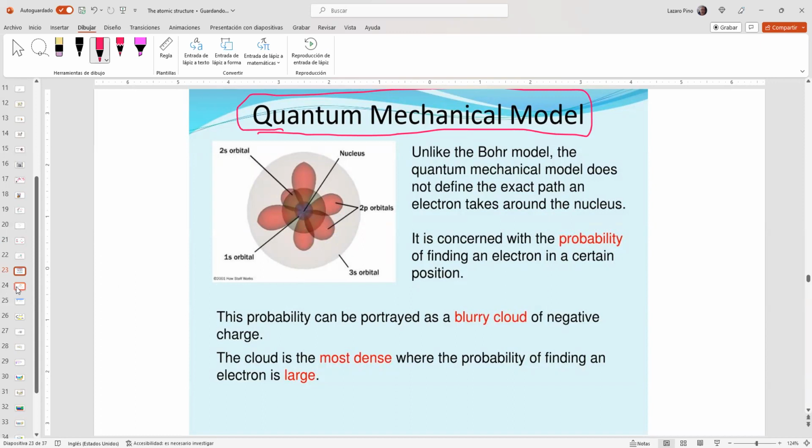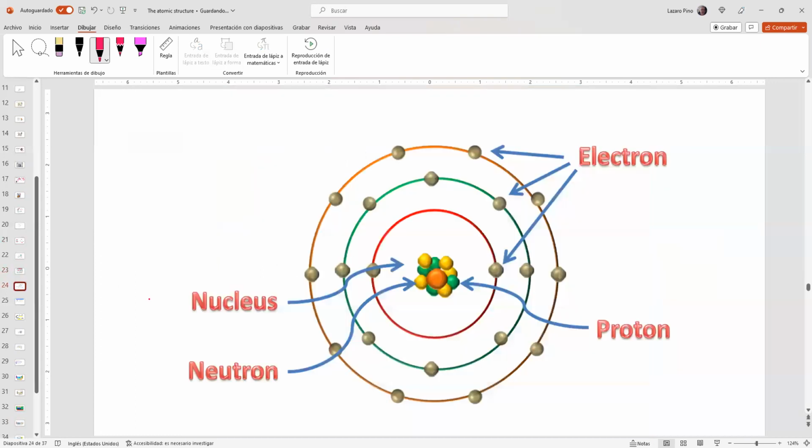Nowadays we know that we have the protons and the neutrons in the center of the atom, making what we call the nucleus. And around the nucleus are the electrons in orbitals, the space where it is most probable to find the electron.